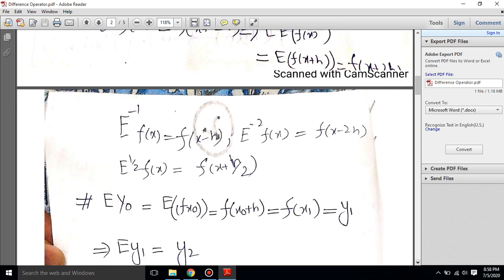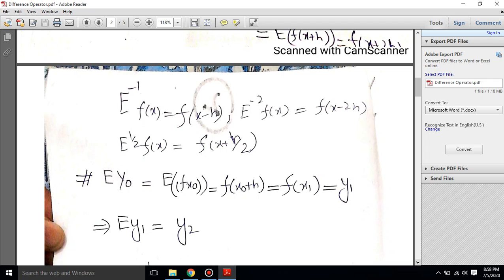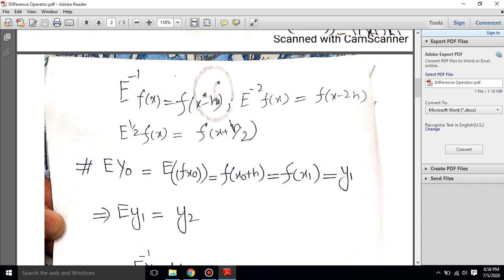Remember, again we want to define this shifting operator in terms of our y parameter as well. From the previous definition, E y0 will be equal to E f(x0), and that E f(x0) will be equal to f(x0 + h). From the definition of this shifting operator, when we apply E to f(x), that provides us f(x + h).